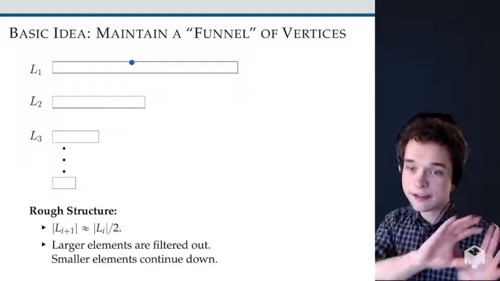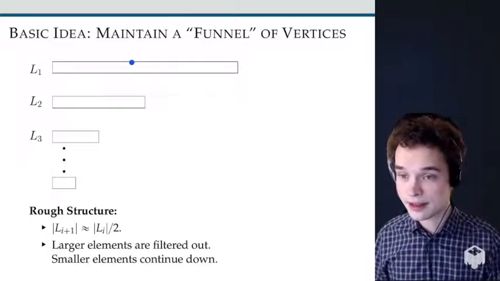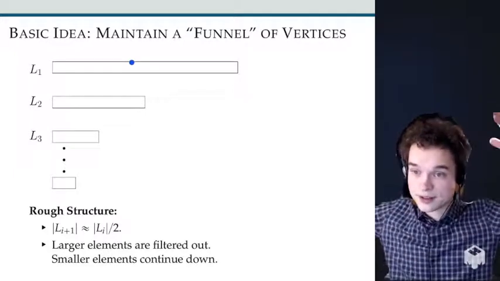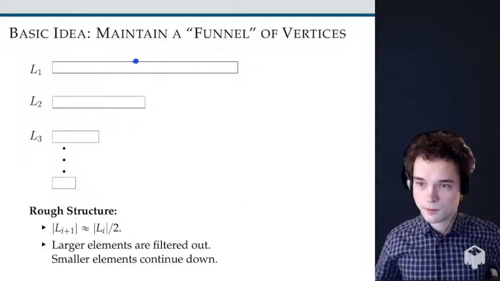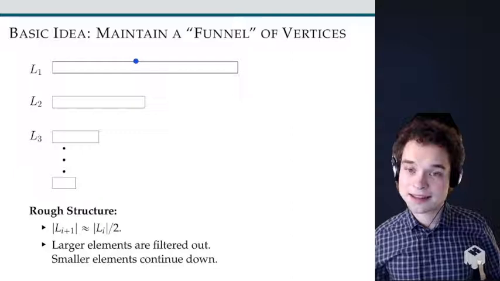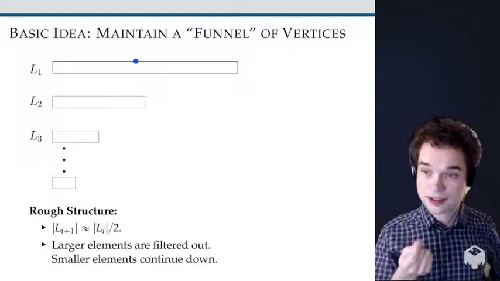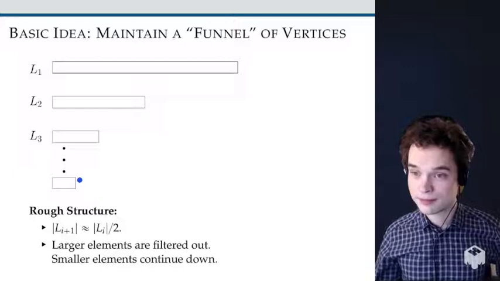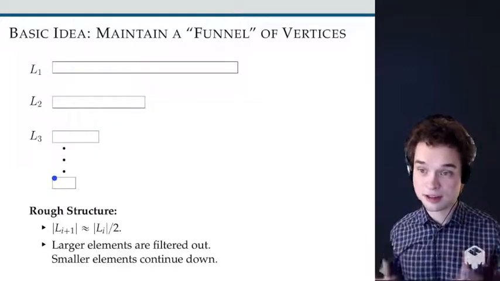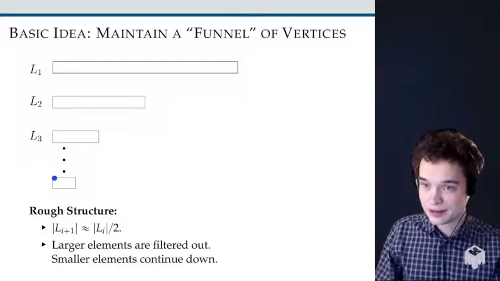The idea is that we want to filter out large elements while letting smaller elements propagate down to smaller and smaller levels. The reason that's useful is that the true smallest remaining element is going to make it all the way down to the smallest level, and that'll make it so that we can efficiently figure out which element is smallest.